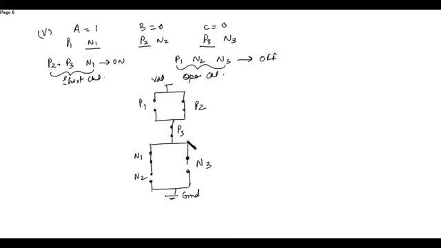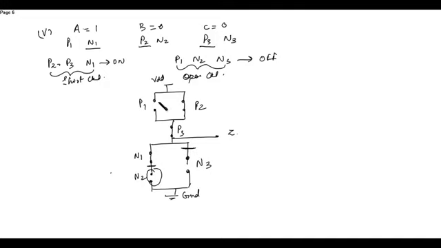So now the output when A is 1, B is 0, C is 0, this is Z. Here this is blocked. Here N1 is shorted but N2 is open. So here already there are two blocking.